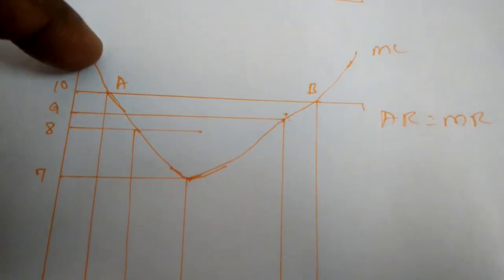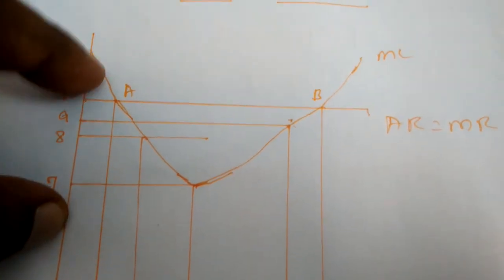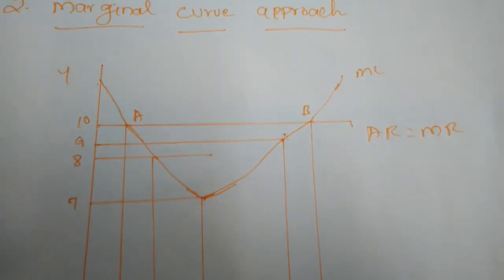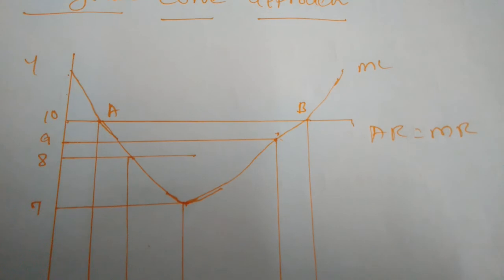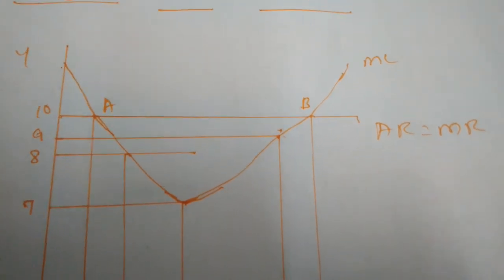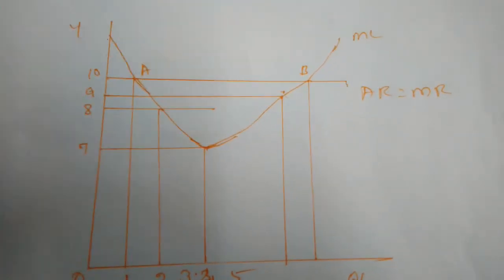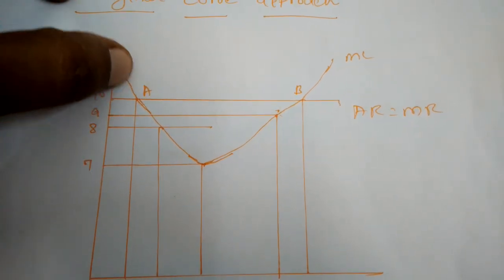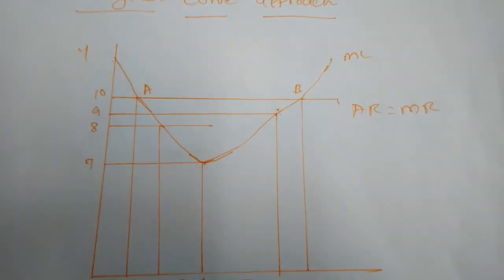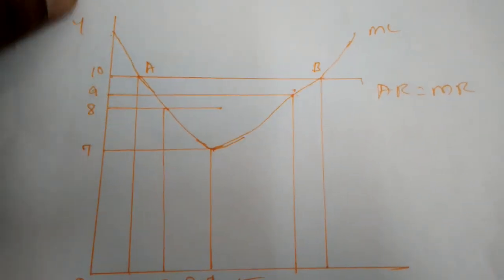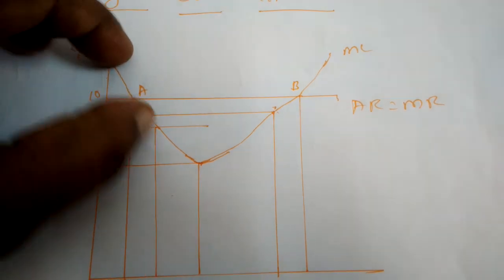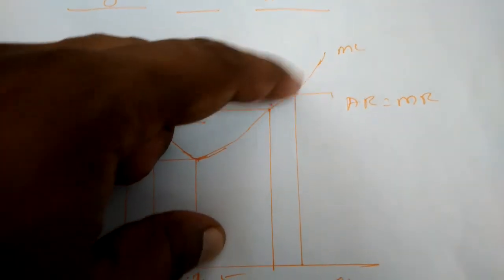In the first cut, the MC cuts from above, and in the second, it cuts the MR curve from below.